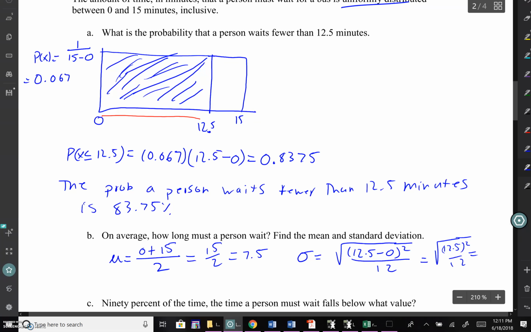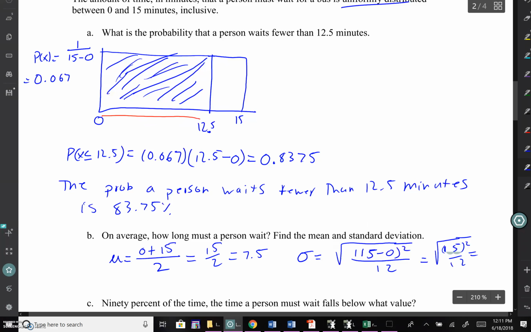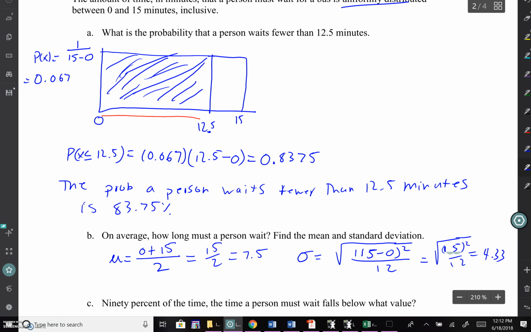Oh, you're right, my b is 15. Ignore me. So we want 15 minus 0, and then the square root of 15 squared divided by 12. Sorry about that. .33. Gotta do the square root at the end. So you found the variance.